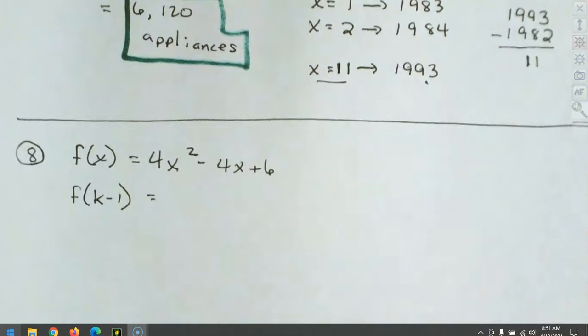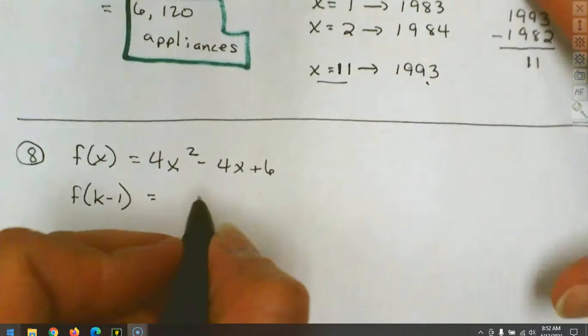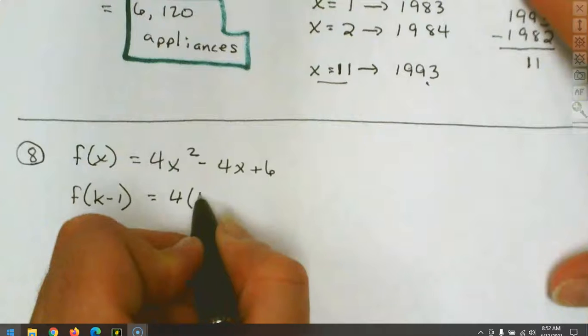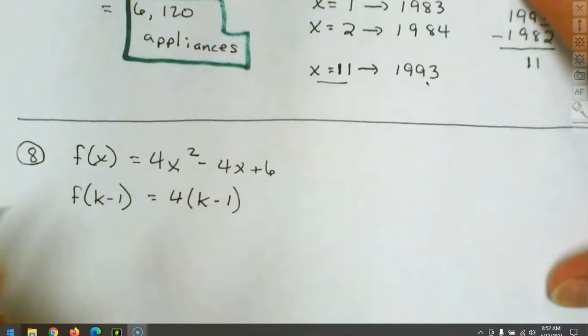Next week, we're going to be looking at polynomials, and we're going to be multiplying these polynomials out. And we're going to be factoring and dividing them as well. This is kind of a prelude to that. So what we're going to do is we're going to replace that x with a k minus 1.